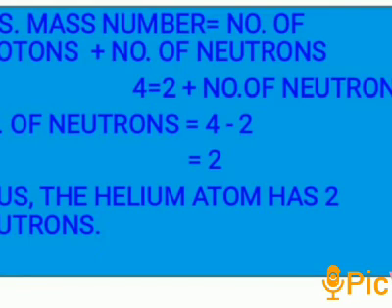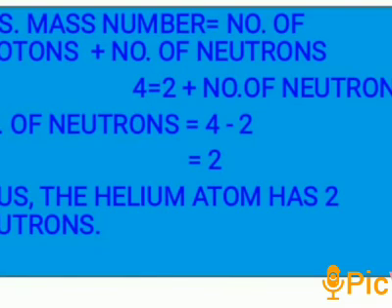Now, mass number is equal to number of protons plus number of neutrons. Here the mass number is 4, and number of protons is 2, plus number of neutrons, which we have to find.